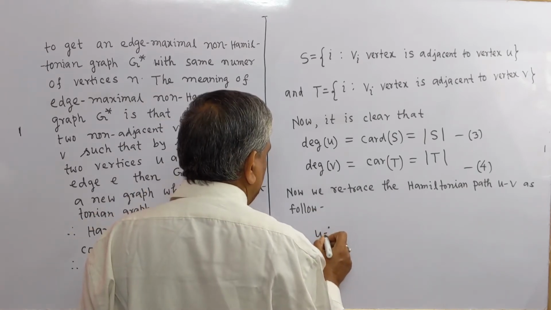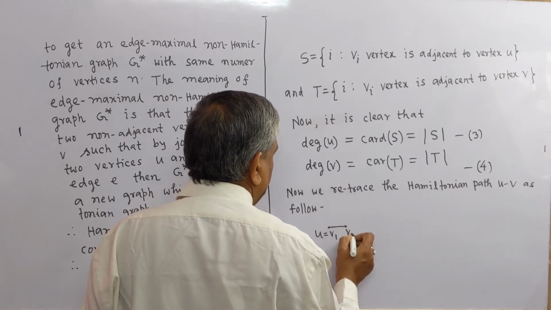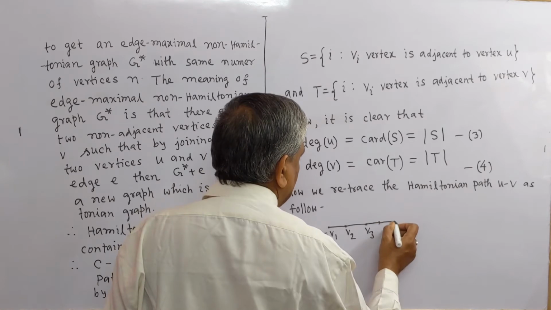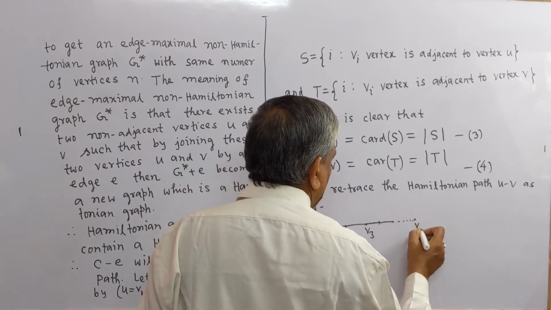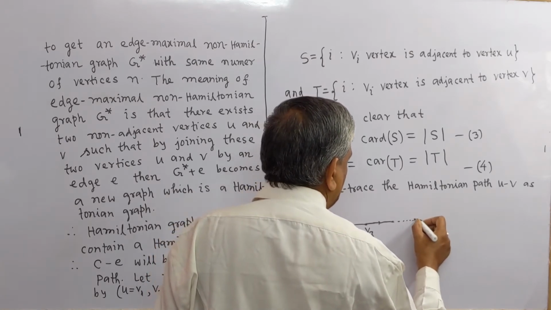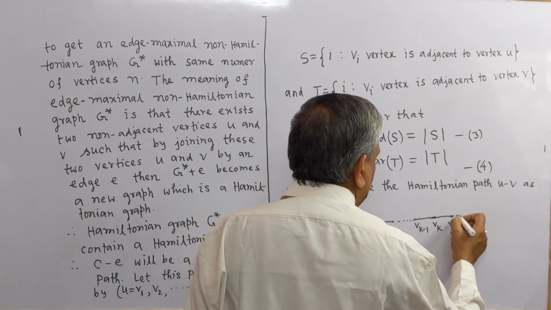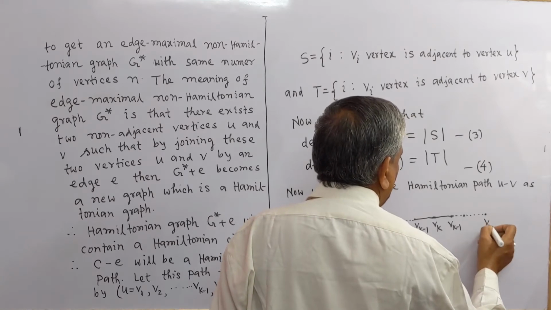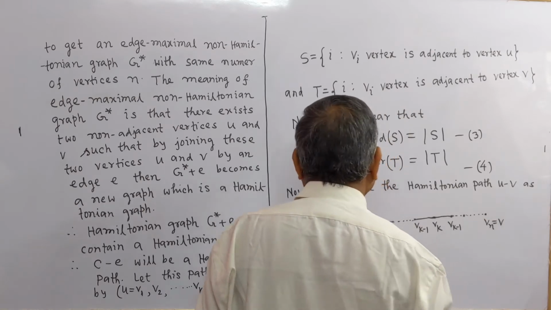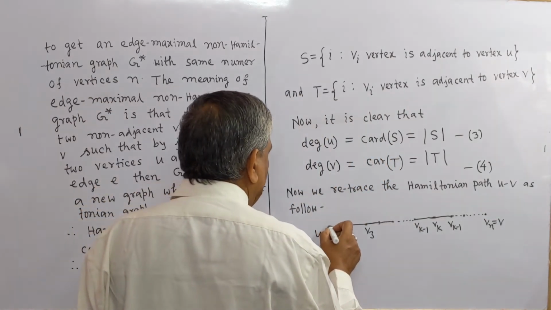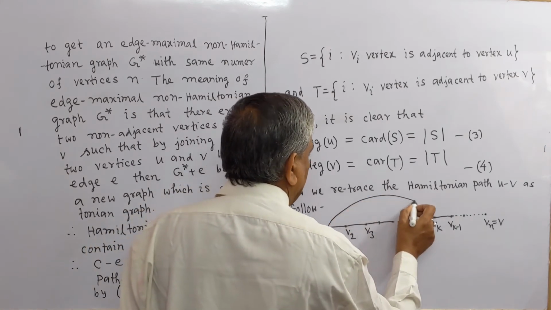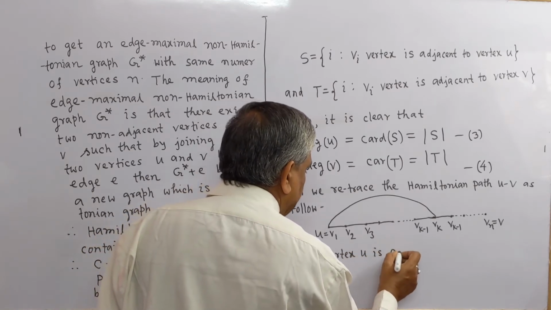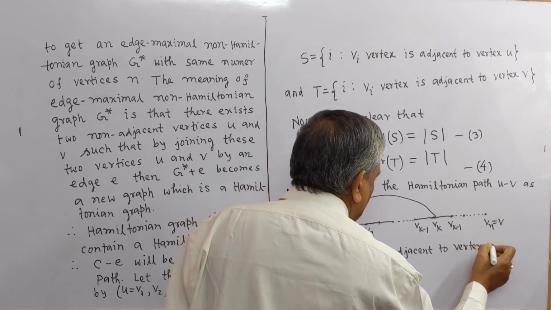This is U, vertex U equal to V1, then vertex V2, then vertex V3, then vertex V4, and so on, vertex Vk minus 1, vertex Vk, then dot dot dot, vertex Vn, this is V. If the vertex U is adjacent to vertex Vk, let vertex U be adjacent to vertex Vk.